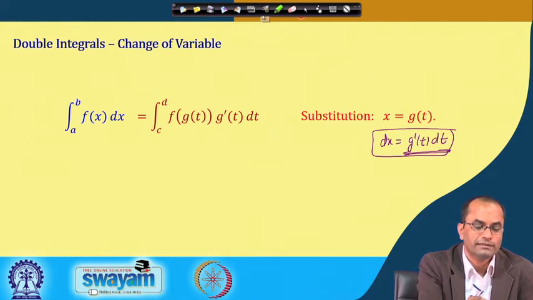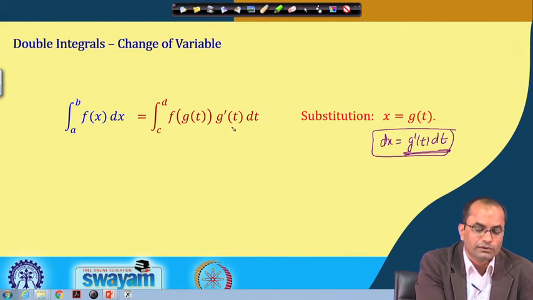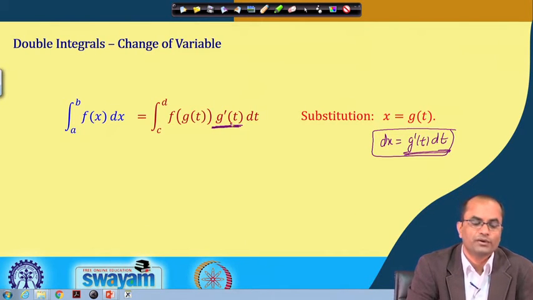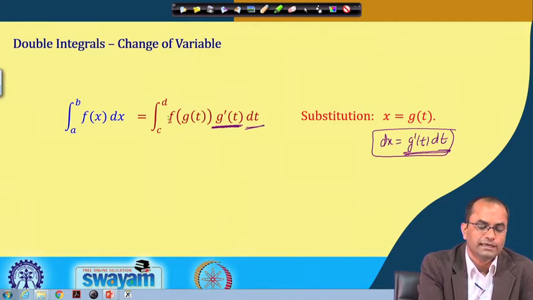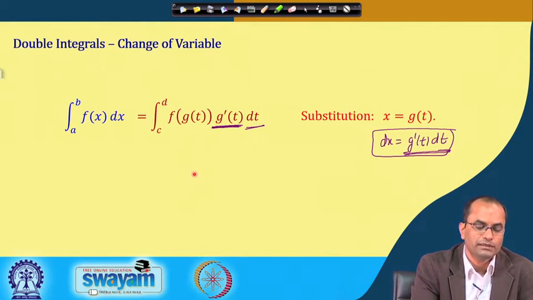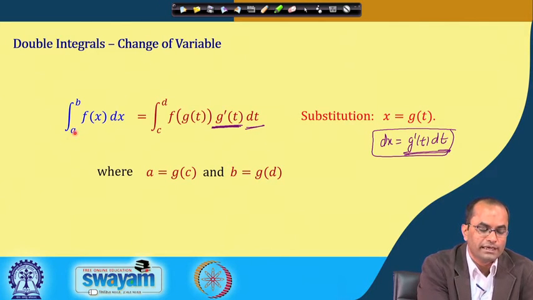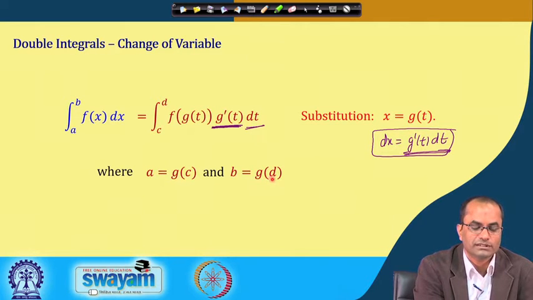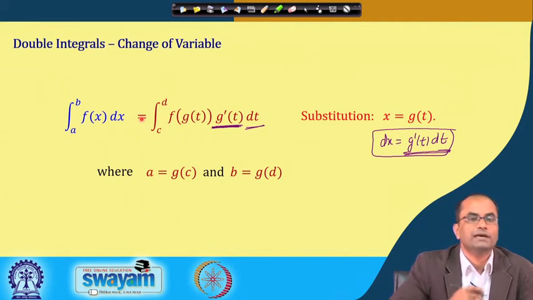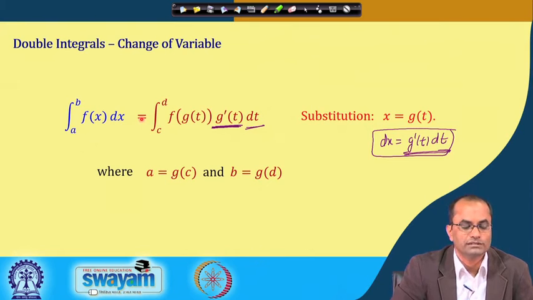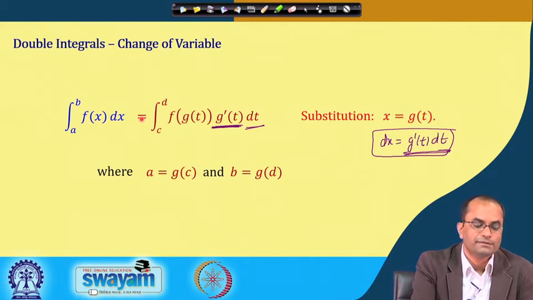So, that is again to recall that in case of the single integral, it is g prime, the derivative of this g, and then dt, and these corresponding limits will be computed again from this substitution only. So, this a is going to be g of c, and this b is nothing but g of d.